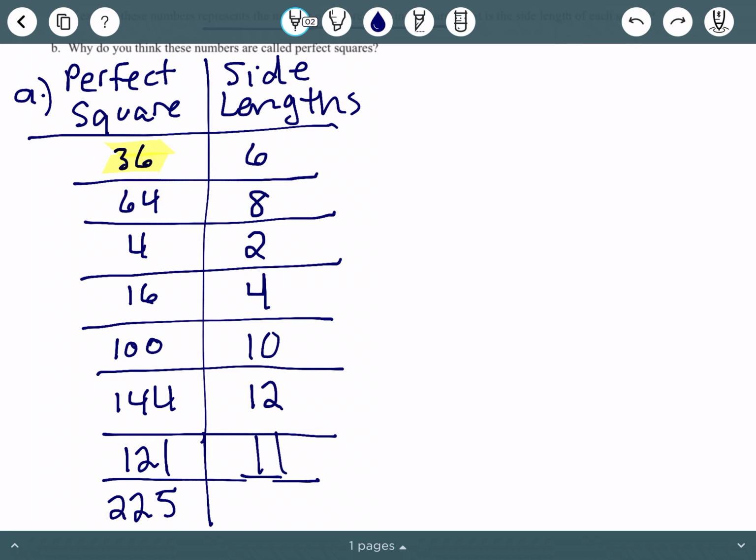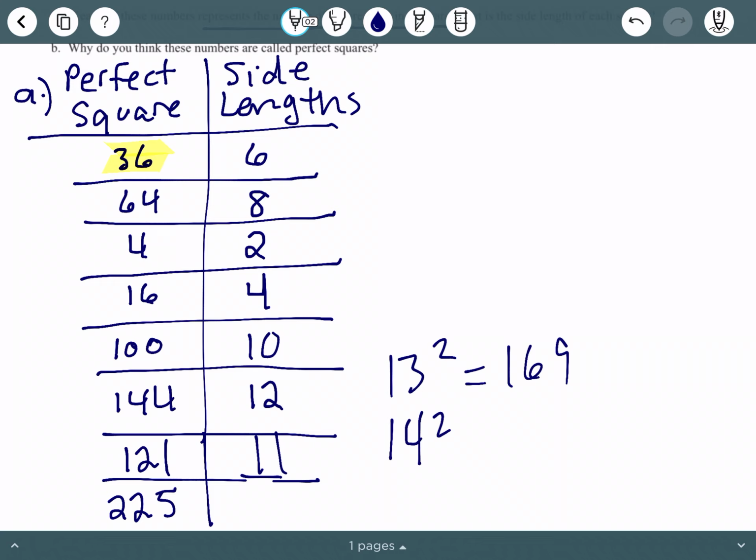All right, the last one is 225. Okay, so I don't know off the top of my head what times what gives me 225. I do know that 13 squared gives me 169, so I know it's got to be larger than 13. All right, so what is 14 squared, or 14 times 14? Put it into your calculator and see what you get.